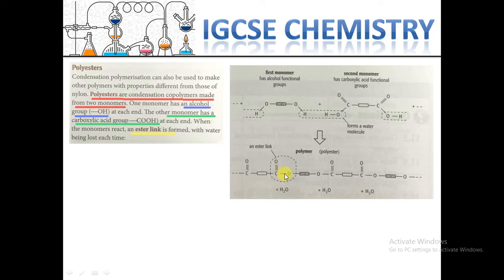This type of chemical group is called ester, and the bond is the ester link. That's why this polymer is also well known as polyester.